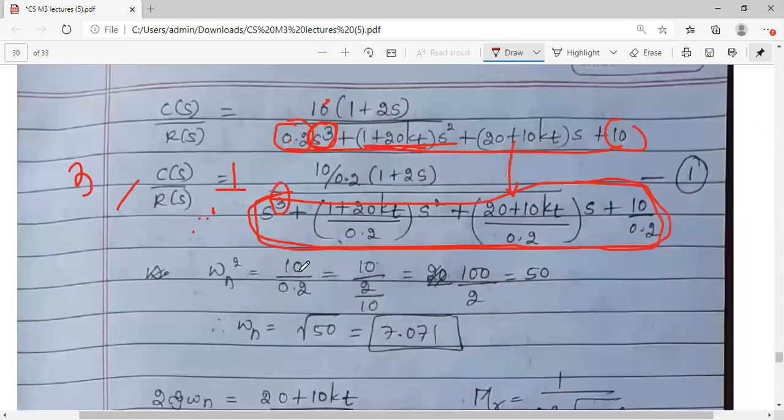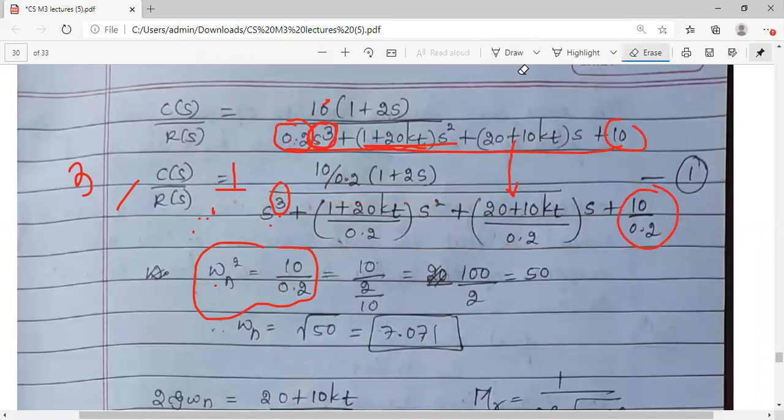So it is a third order system, the power of s is 3. I have compared here again. I have directly taken Wn square because this last term will be the constant. You can see, in the denominator first is your s cube, coefficient 1, then s square, this is the coefficient, then s, this is the coefficient, and the last one will be the constant, so that is Wn square.